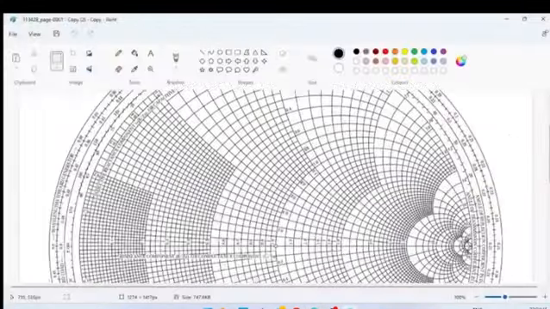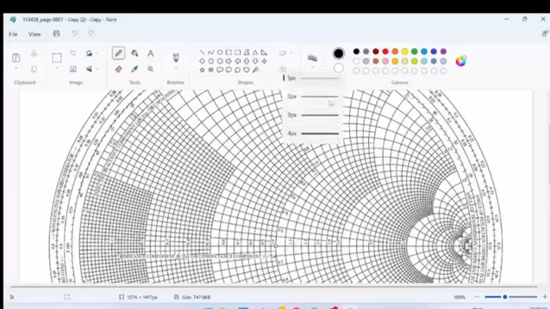In order to find the reflection coefficient, the point 1.33 plus j2 should be plotted in the Smith chart. So now, where is the value 1.33? Here the value is 1.2, this is 1.3 and this is 1.33.